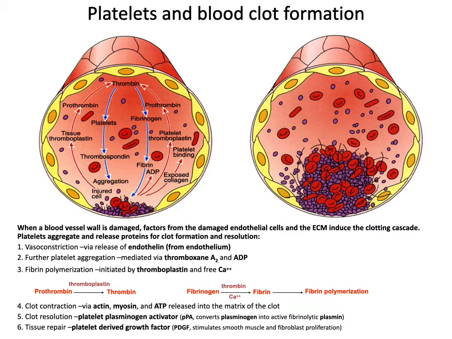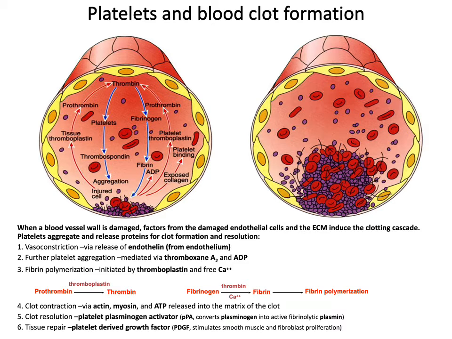Depending on the blood vessel, you will have different layers and different thickness of the layers. The innermost layer, containing the endothelium, is known as the intima.